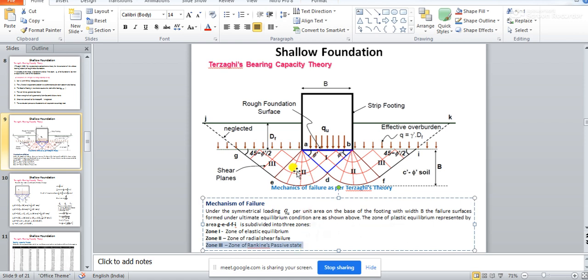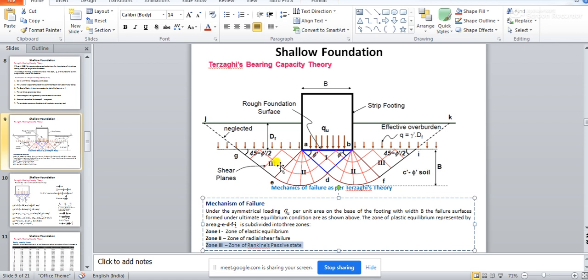So basically, I will tell you in a simplified way what is happening. When this zone is trying to pressurize this, there will be some kind of radial pressure coming in this zone, and these two zones will be trying to go away in these two directions, whereas because of this surcharge weight from here and here, this zone 3 will be trying to keep this zone in its proper place.